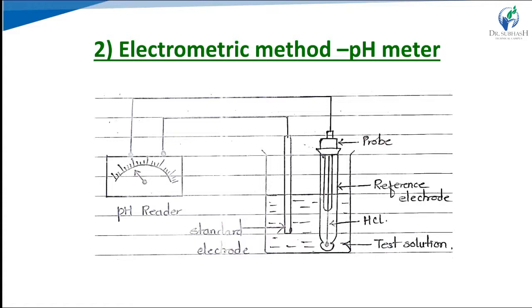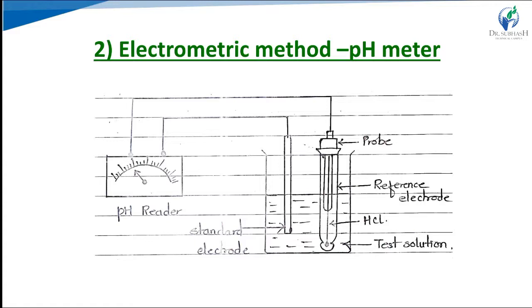This tube is surrounded by saturated KCl solution that diffuses slowly into the process liquid through the liquid junction provided by asbestos fiber. Because of this, the reference electrode develops a constant potential. That's why the standard electrodes are used.